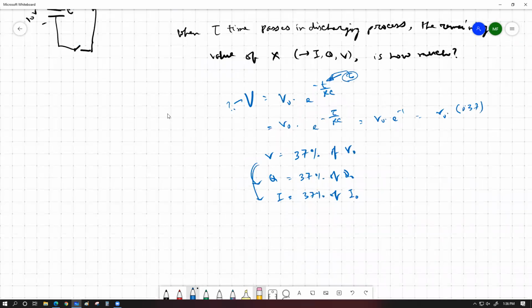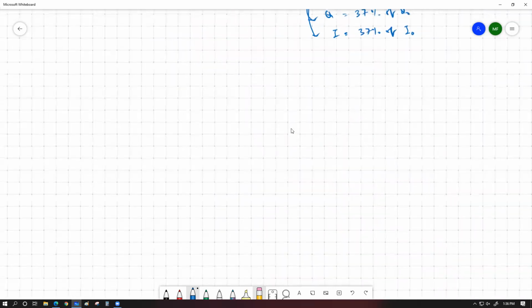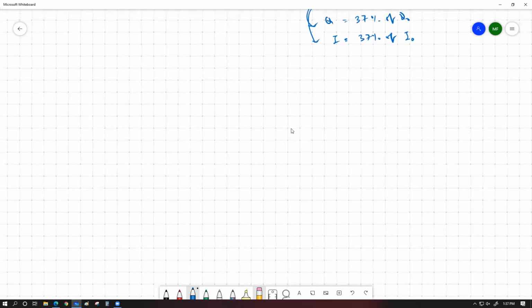So if we try to compare two different circuits, let's have a look over here. Let's consider two capacitors side by side. Let's say this is capacitor 1, and this is capacitor 2.